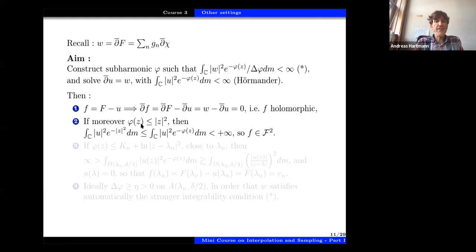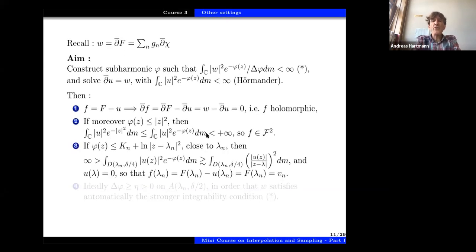The first condition is phi of z has to be bounded by z squared, because then this expression is bounded by this expression, and so my function f will be in the space. If we have this inequality, then we get this inequality, and this means the u that we add as the correction term satisfies the right integrability condition, and so the little f will satisfy the right integrability condition, and so f will be in the Fock space because it's holomorphic.